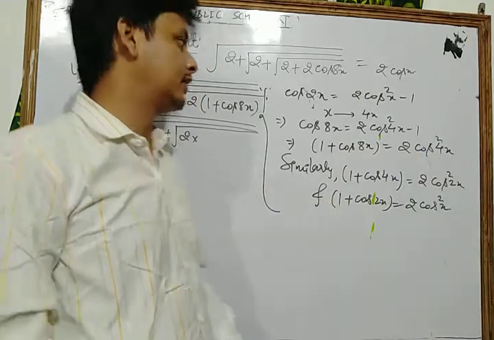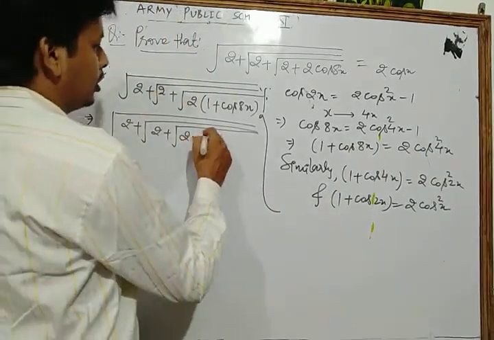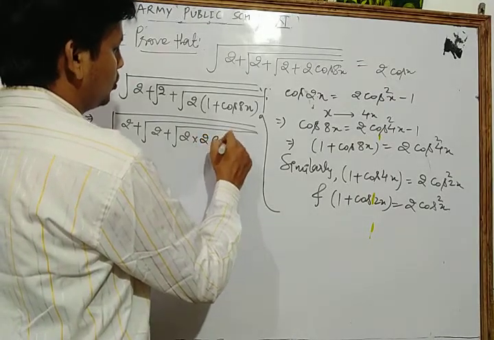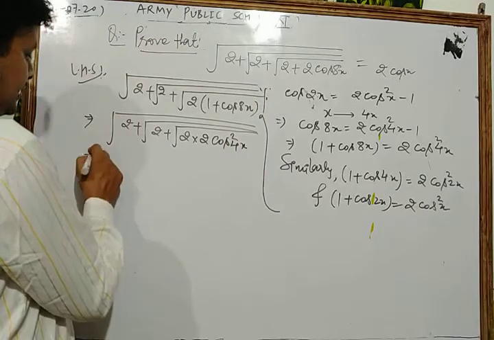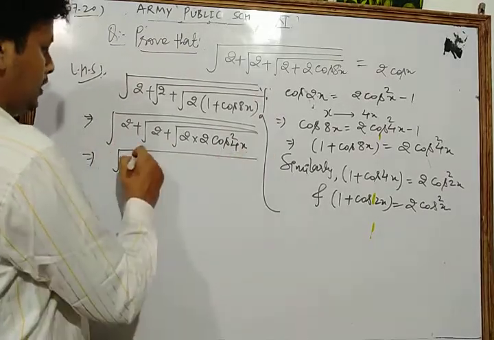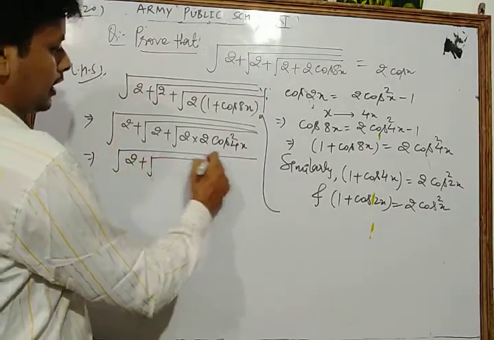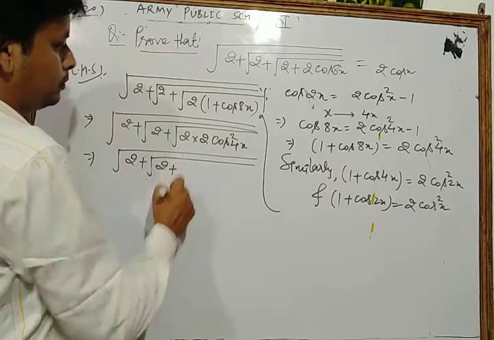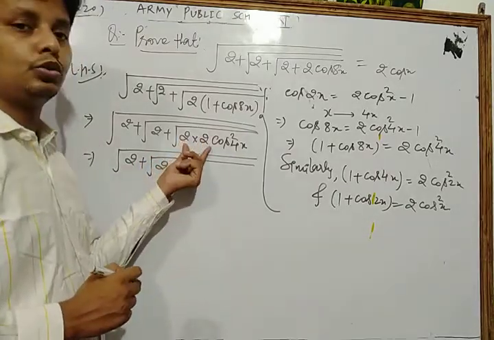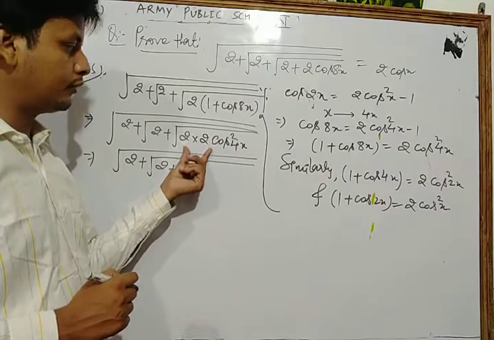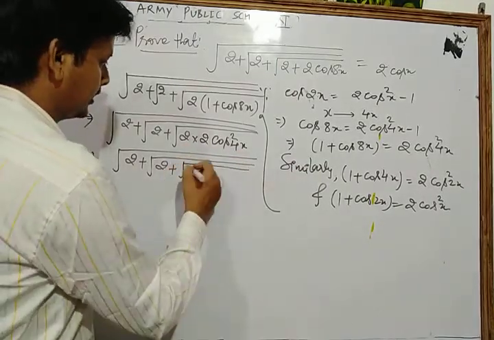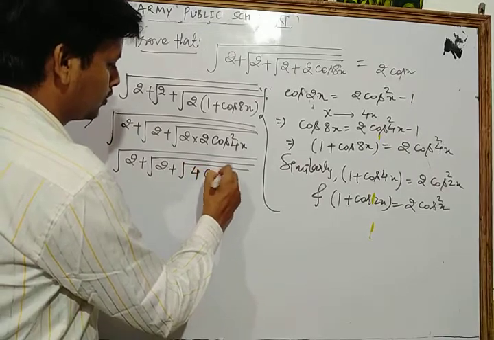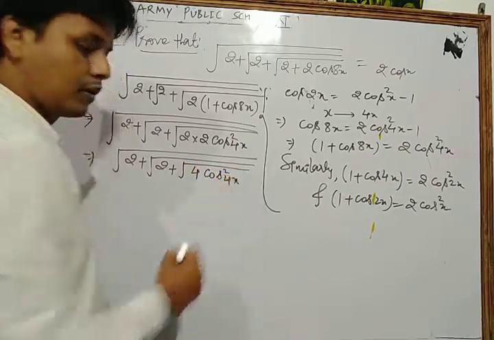So here we put 2 cos square 4x. Now what do we get? 2 plus square root 2 plus square root of 2 to the 4 cos square 4x.